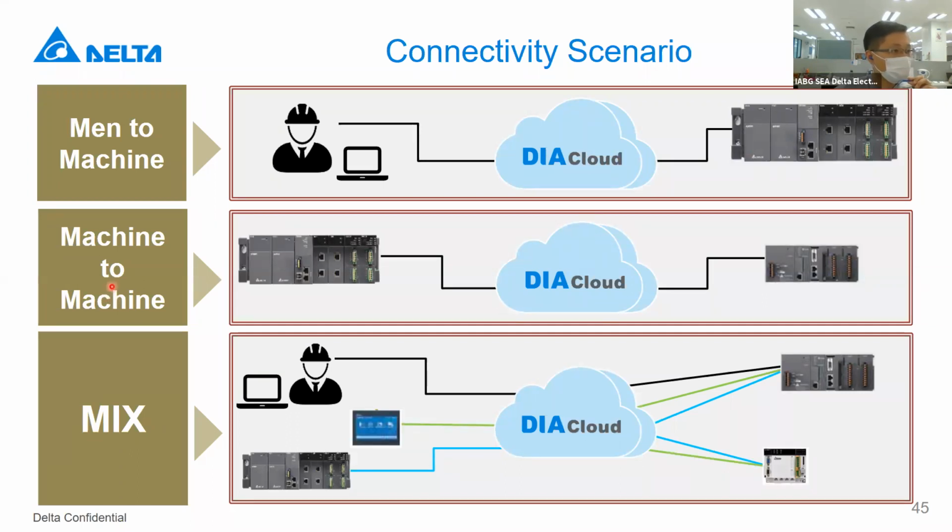The second one is machine to machine. Here I would like to give you another case. For example, if you want to monitor all the lakes and rivers across the country and integrate all the data into a central control room, this is also a solution to link the remote PLCs to the central control room via the cloud.